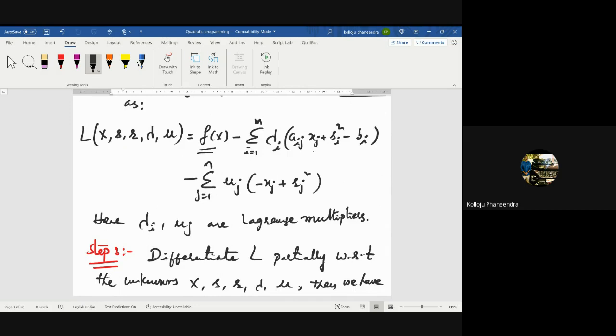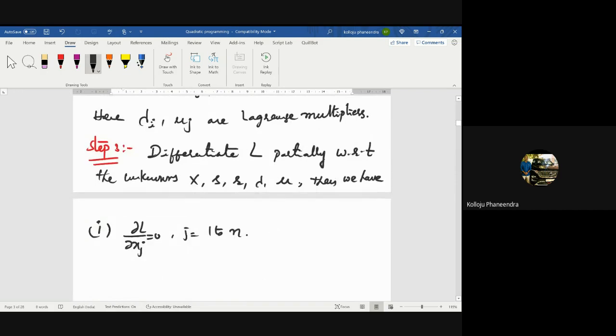First, all of you, let me write L elaborately by substituting f of x also. Then it will be very clear for you. L is equal to, what is f of x?